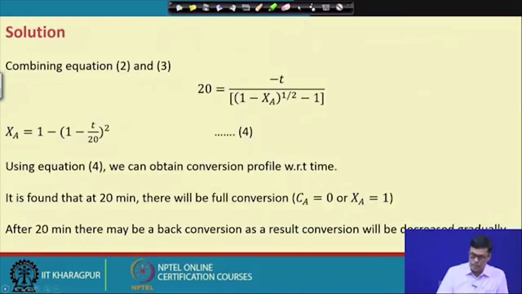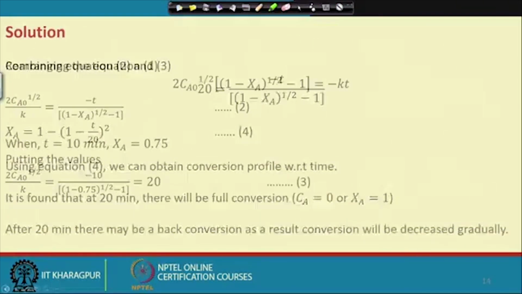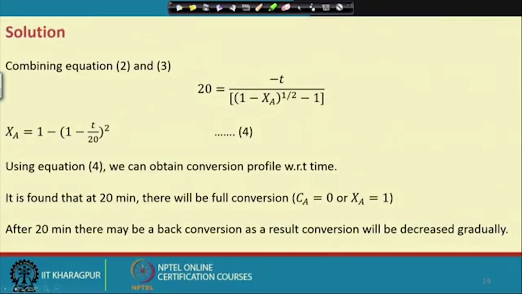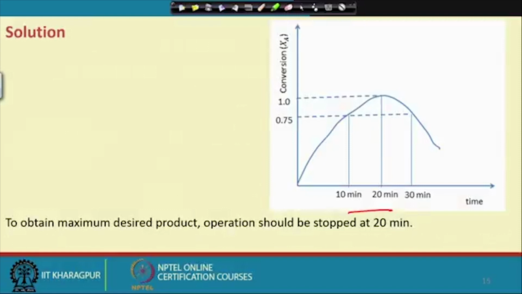So, this is the typical observation we have, that at 20 minutes, if you put 20 minutes, xa will be 1, that xa will be 1 means 100% conversion of substrate takes place, but at 30 minutes we have 75%. So, that is why we try to find out why this is happening, how this is happening. We try to develop the correlation and establish the fact like this.